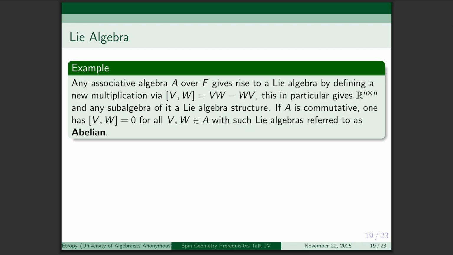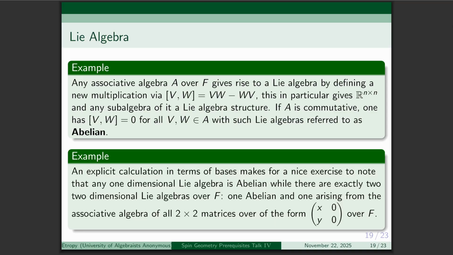So yeah. Now, a non-trivial example one can obtain is, for example, in dimension 2. You can verify that all one-dimensional algebras are abelian. It's quite straightforward because take any base element, you know that it has to multiply with itself to be 0 because the algebra is alternating.